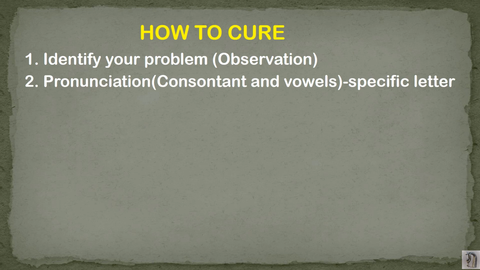You need to first identify the problem via observation, then check the child's pronunciation, whether the consonants or vowels are good. Then tongue exercise: ask the child to rotate the tongue, put the tongue out, take it inside, roll it, so that the tongue gets exercise.